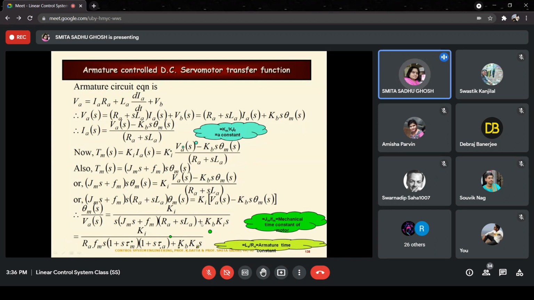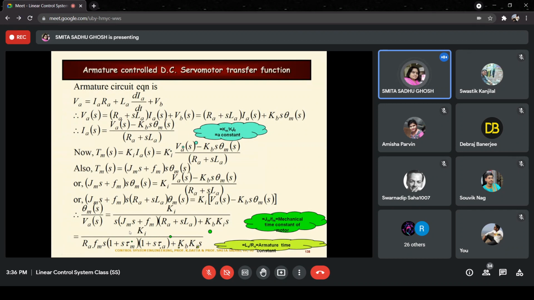Now here we find this in the denominator, that is, we have an additional term plus KBKIS, right? This has come from the back EMF. You can see it's a first order term. And we are also saying that because LA is negligible, the overall transfer function is a second order transfer function, meaning the denominator is second order.